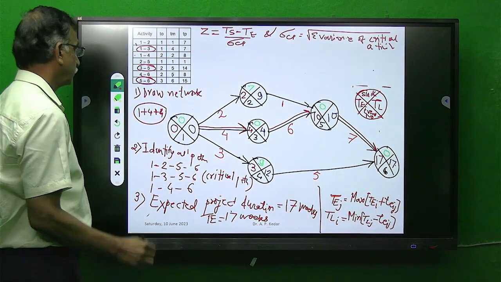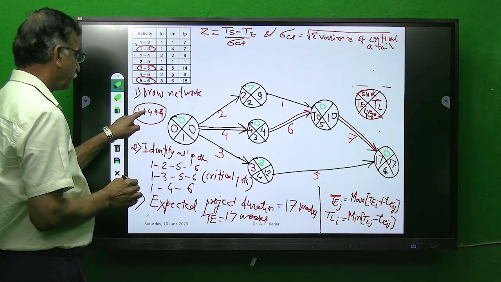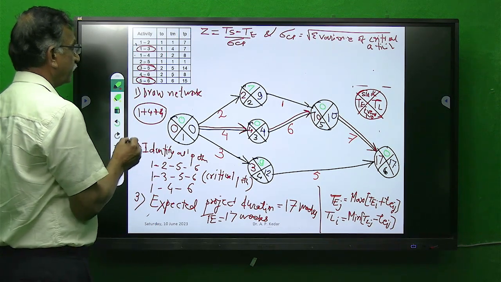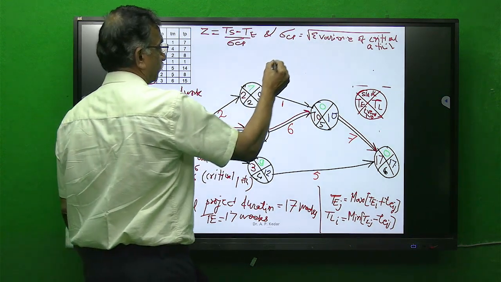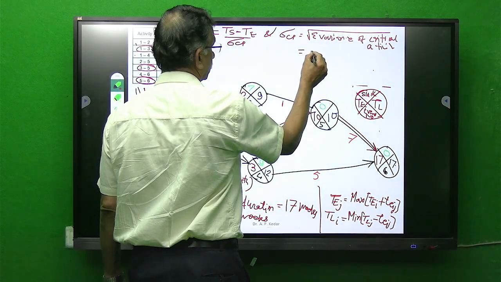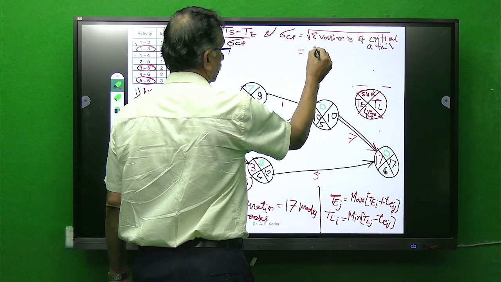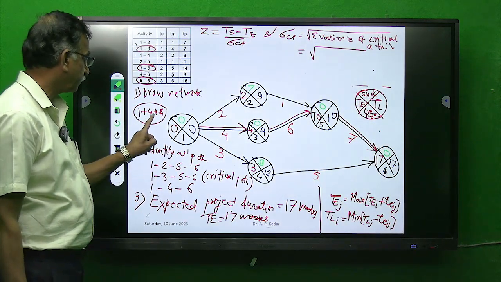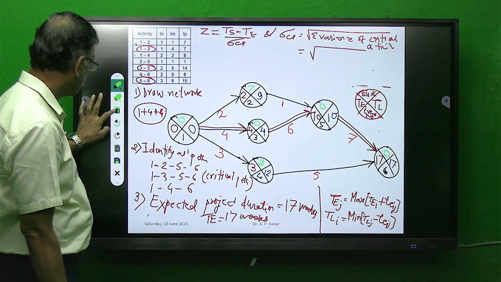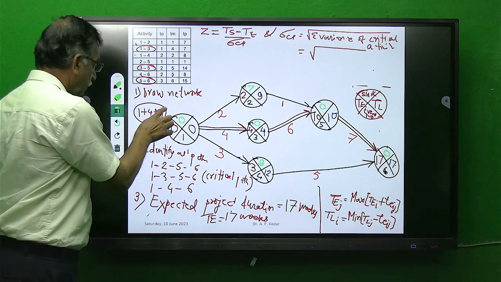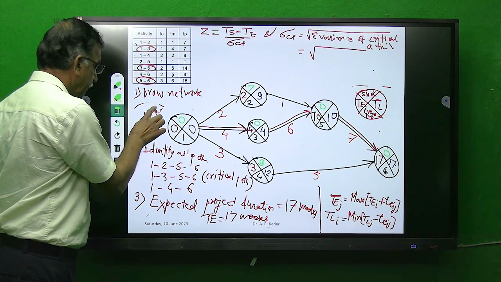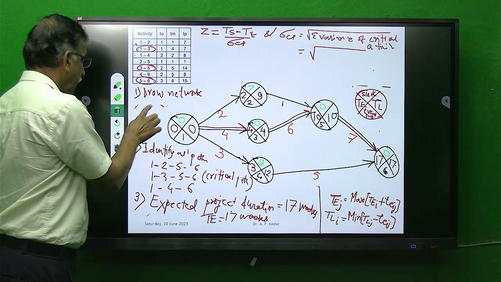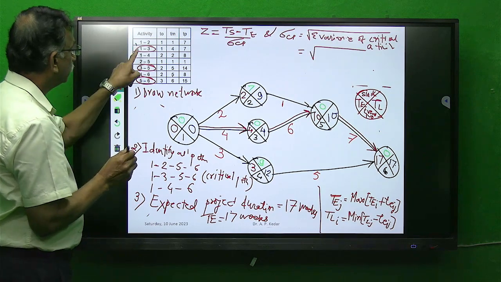Now, here I have calculated that. Let's again calculate how it comes. Your critical activities are 1-3.